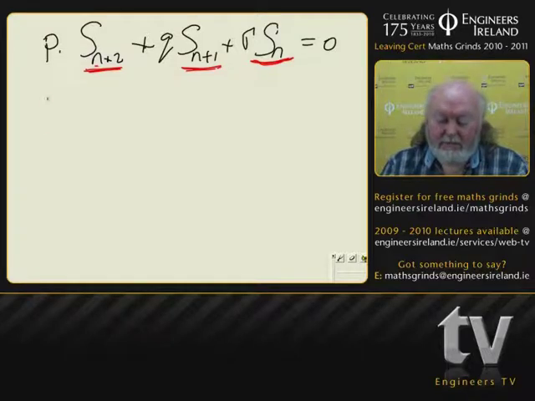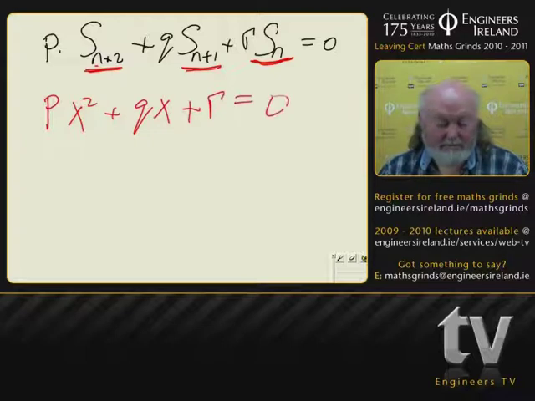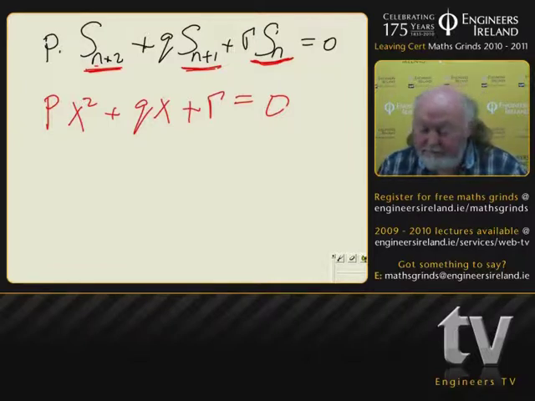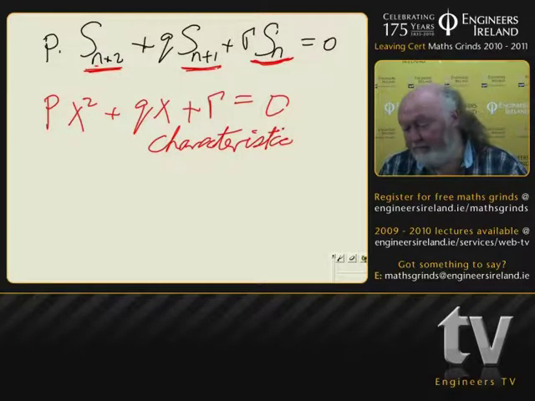So I can actually go P x squared plus this thing here, that's the characteristic equation.